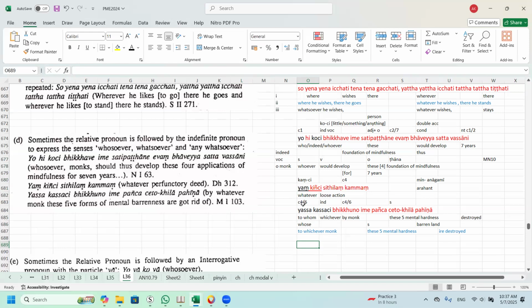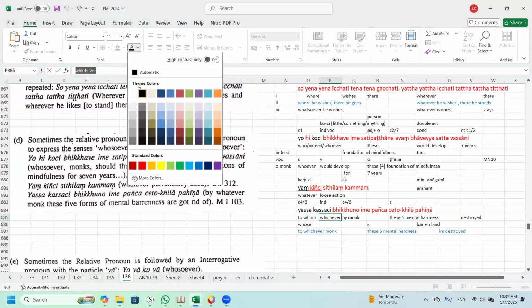Except the ci. So let's say you take individually, that means this is either dative or genitive: to whom or of whom. But however, when you pair up, it should mean whichever or whoever. They pair up already.